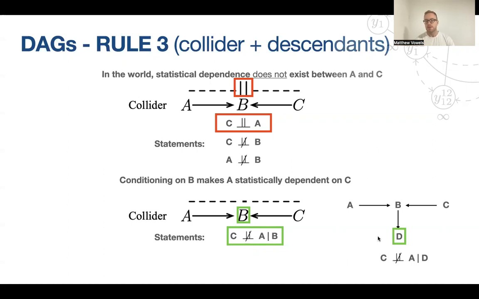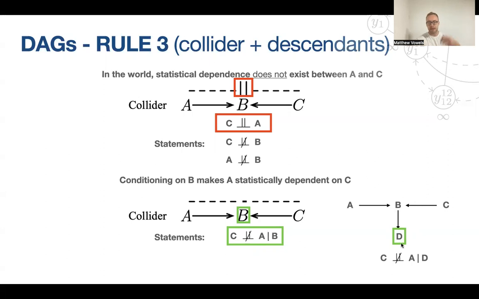Bear in mind that descendants of the collider also have the same kind of effect. So if you condition on D in this structure, you also render A not independent of C, given D. And this is also true of the other situations. If you have descendants of certain variables, or even ascendants in some cases, you have to be careful that these rules don't also apply to those proximal causes, because if a variable is very similar to another variable in this model and contains essentially the same information, then the consequences of conditioning on it may be the same, or very similar, maybe not as strong, as conditioning on the variable itself.